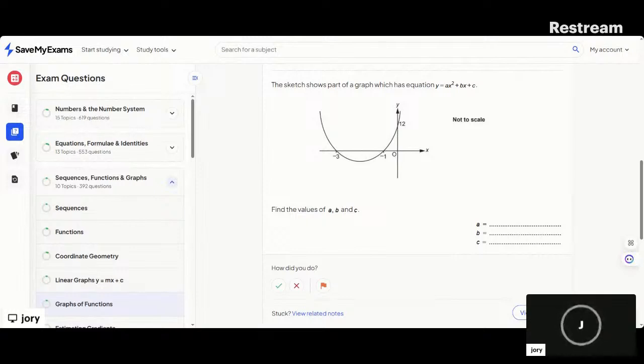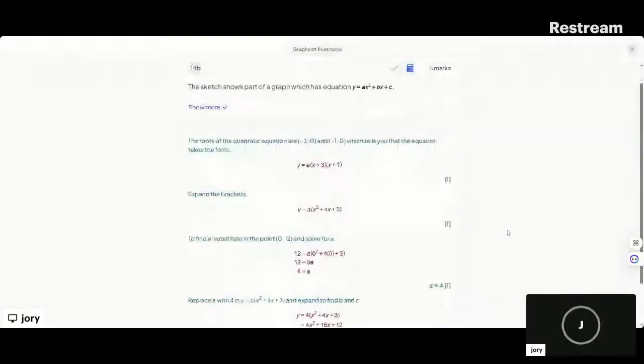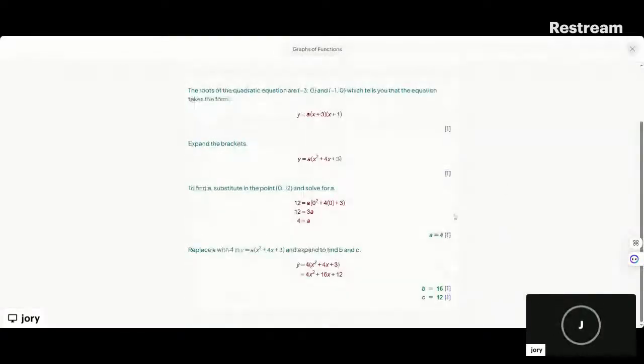There we go. And then a is 16 minus 12. a equals 4. Okay, I found my mistake. And so a is 4, b is 16, and c is 12.